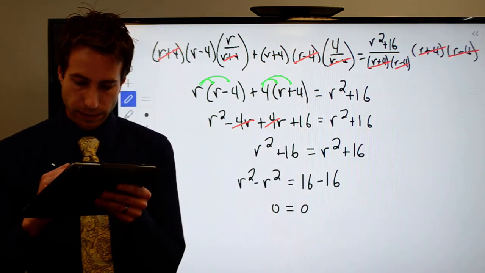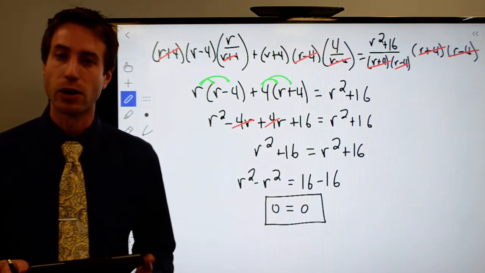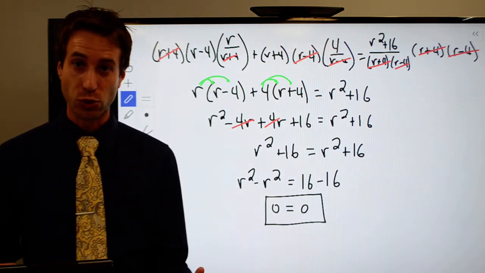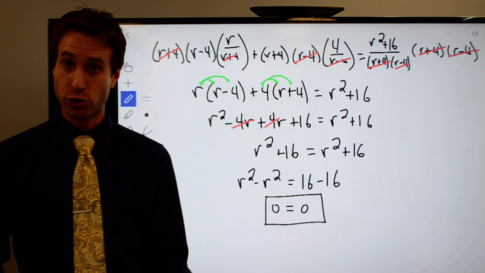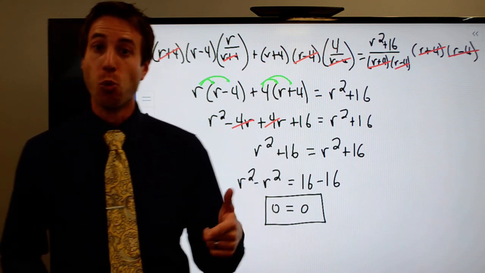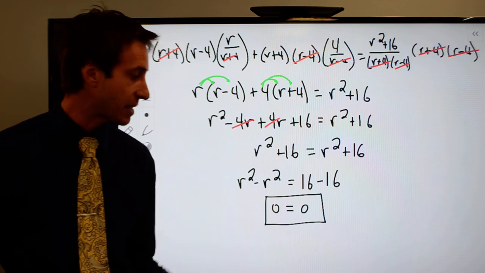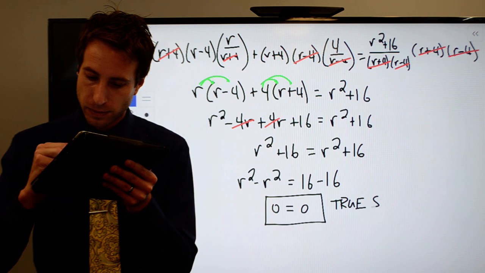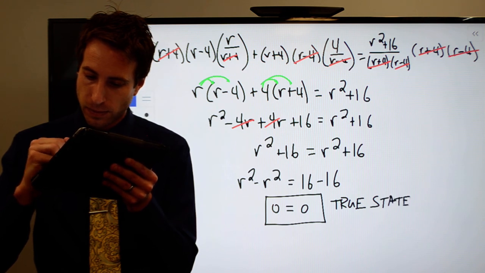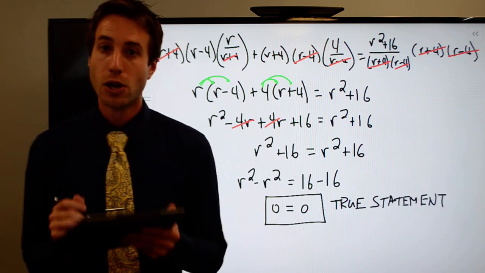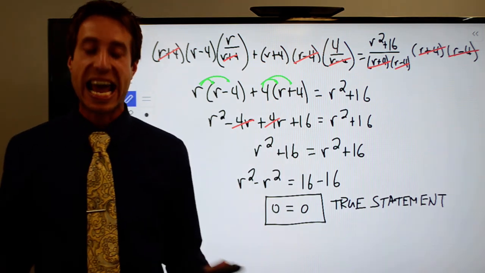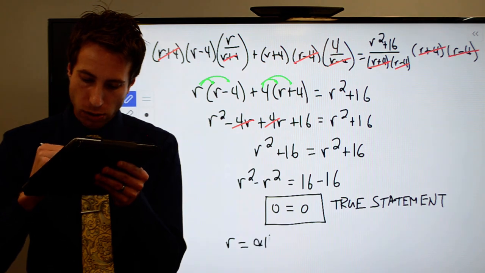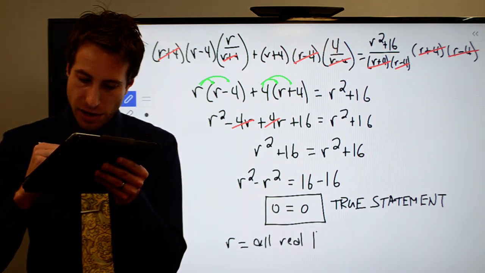Yeah, it does. 0 is equal to 0, and here's what this tells you. It's not telling you that r equals 0 is your solution, right? The r's dropped out. What it's telling you is when the variable drops out and you're left with a true statement, r can be anything. r is equal to all real numbers.